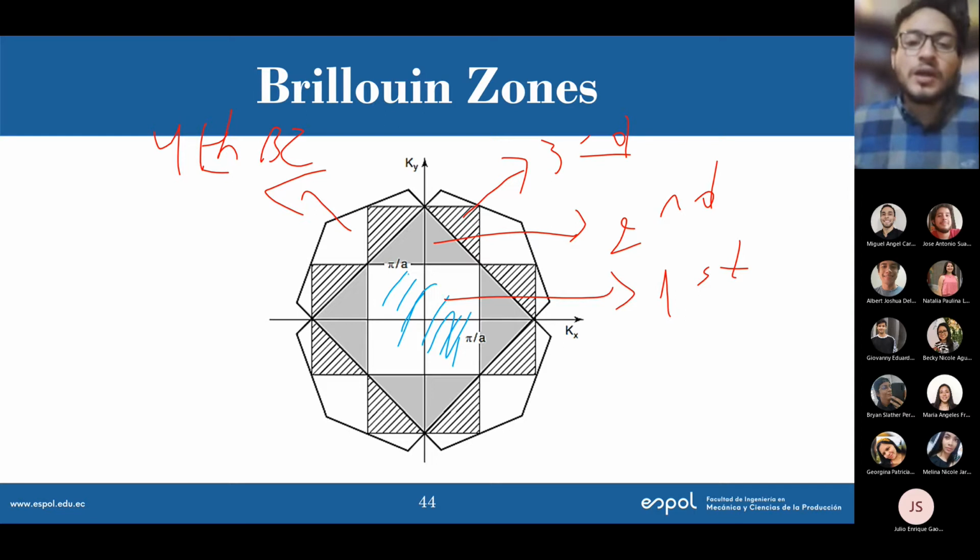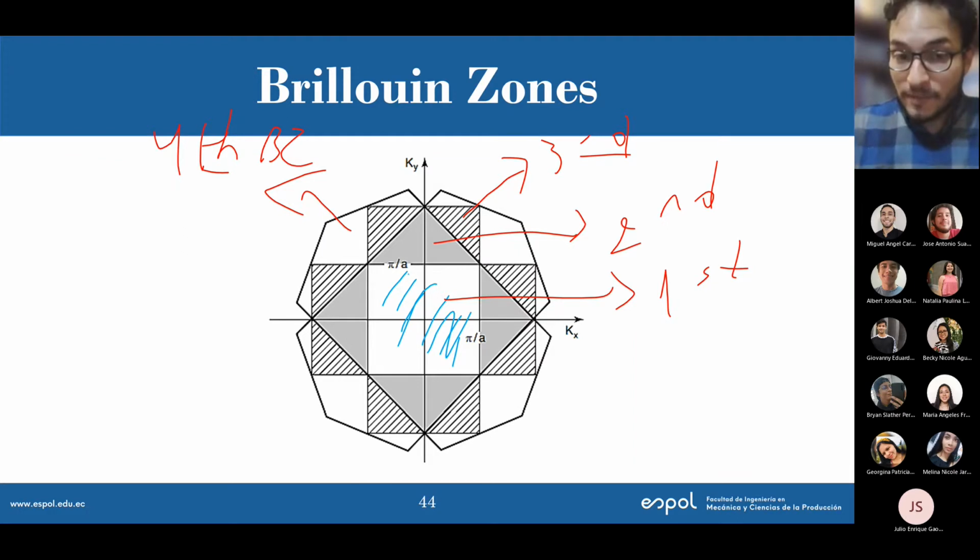Okay, and you can keep drawing and getting the different Brillouin zones for this two-dimensional reciprocal lattice, right? But you see something here. Well, you see two things actually.